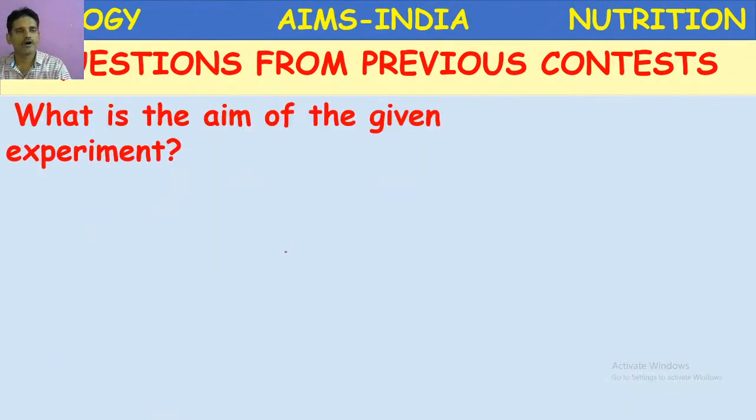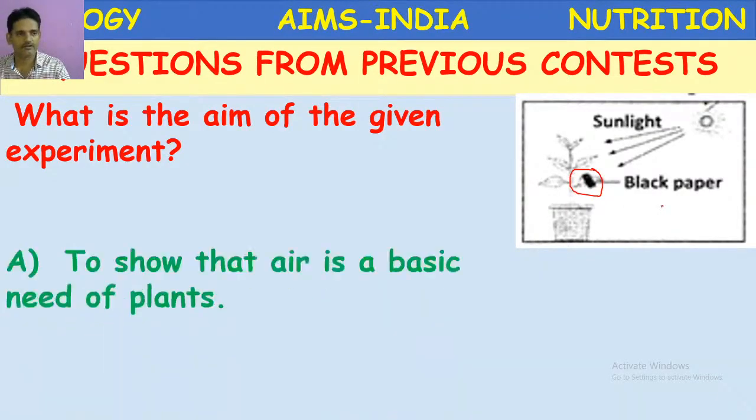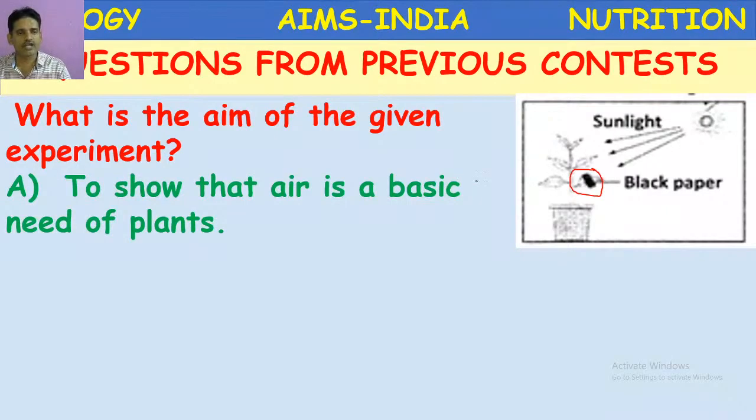Next, what is the aim of the given experiment here? See the experiment here. Sunlight is there and a potted plant covered with black paper is placed in the sunlight. To show that air is a basic need for plants.